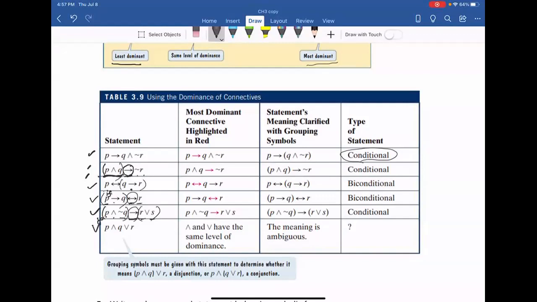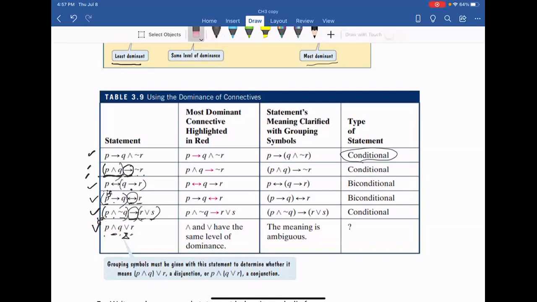Next one, P and Q or R. Because this one and this one are the same level of dominance, the meaning is ambiguous. I can't say what kind of statement this is. If I have parentheses here, then this is dominant, that means this one is a disjunction.